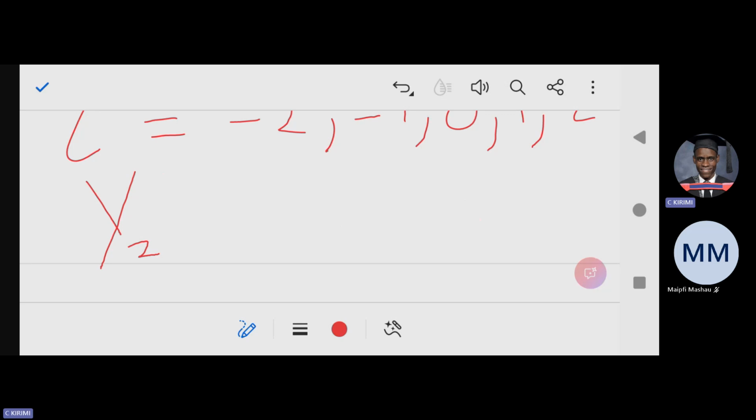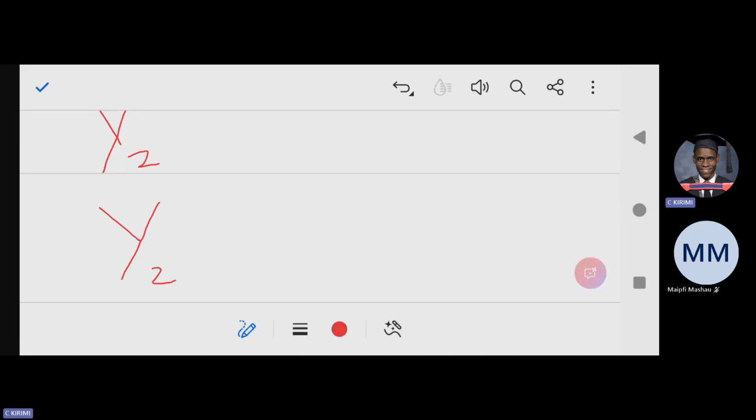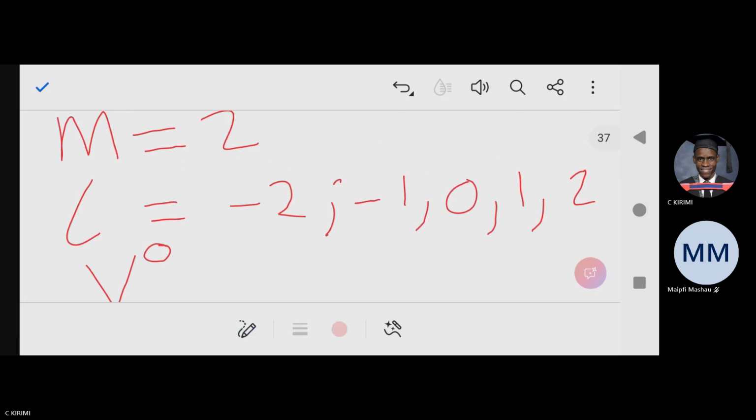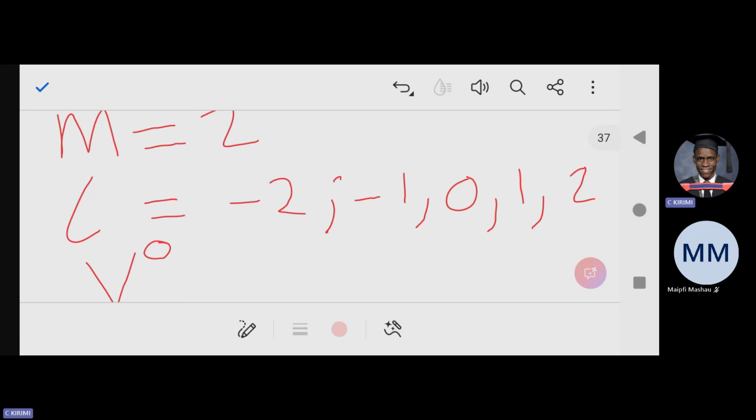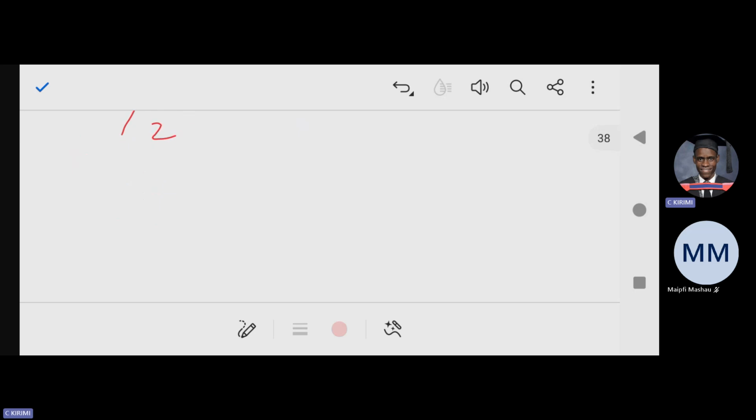But the value of L can be 0, and then you have a different spherical harmonic. Then you have another spherical harmonic, M is still 2, and L can be positive or negative 1. And the last one that is left is positive or negative 2. We have a different spherical harmonic formula for that.